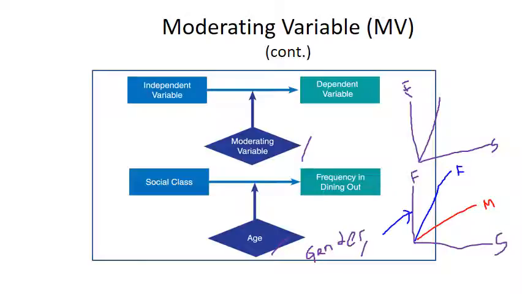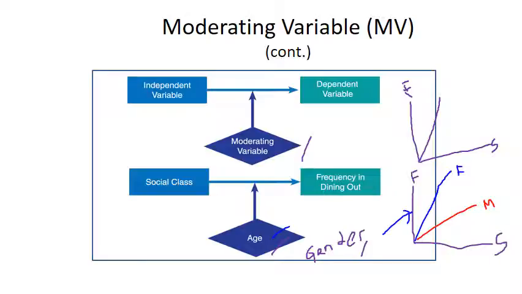So it means that females, the faster they move in the social class, the more they will frequently dine out. Whereas for the males, the social class doesn't really affect the frequency of dining out, but it does in a way, right? And we can also do this for quantitative variables like age.